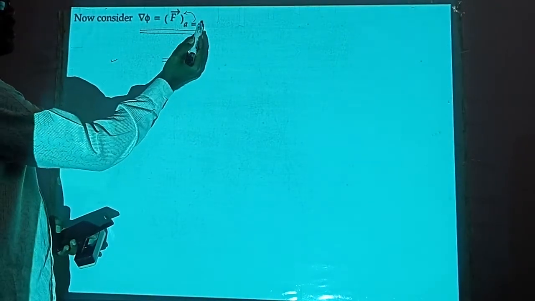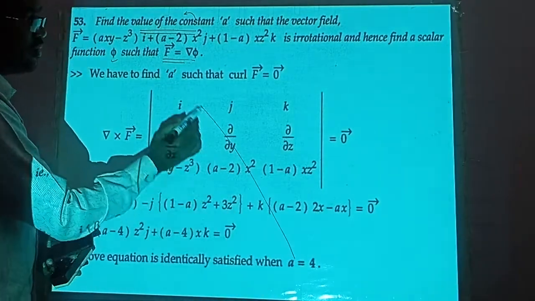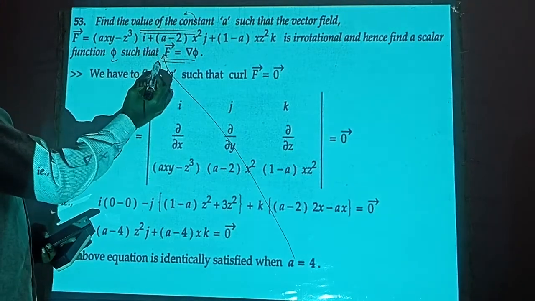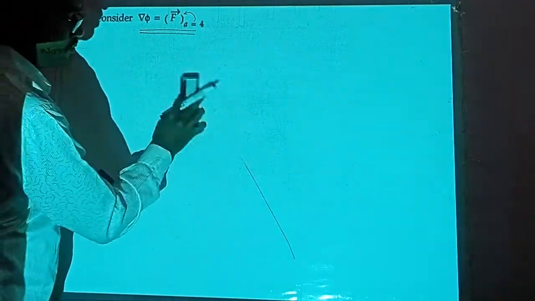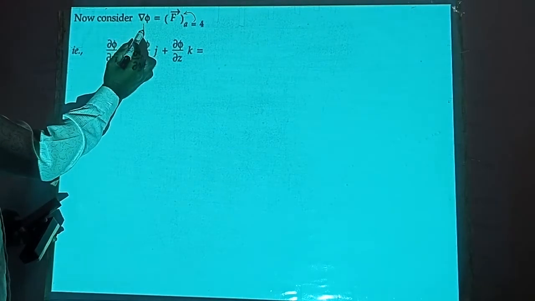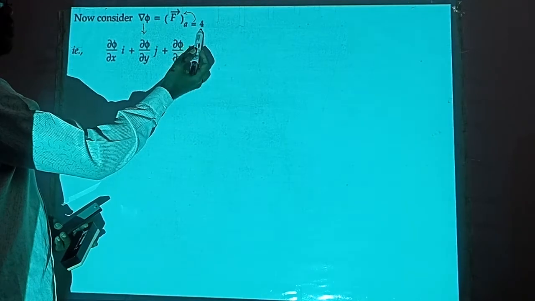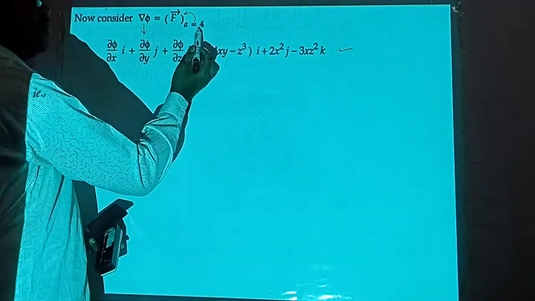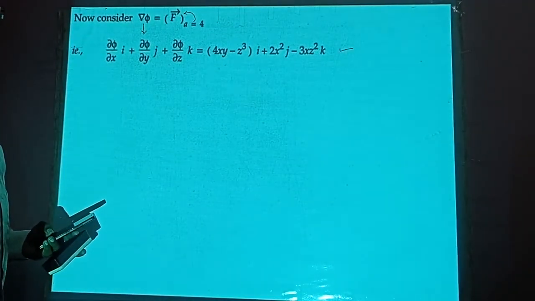Let us substitute a is equal to 4. Here we are taking the value of a in F, because a is unknown in F. We should take the value of a first. So what is del phi? Del phi is this, and wherever a is there, if you keep 4 in that place and simplify, you will get this vector.